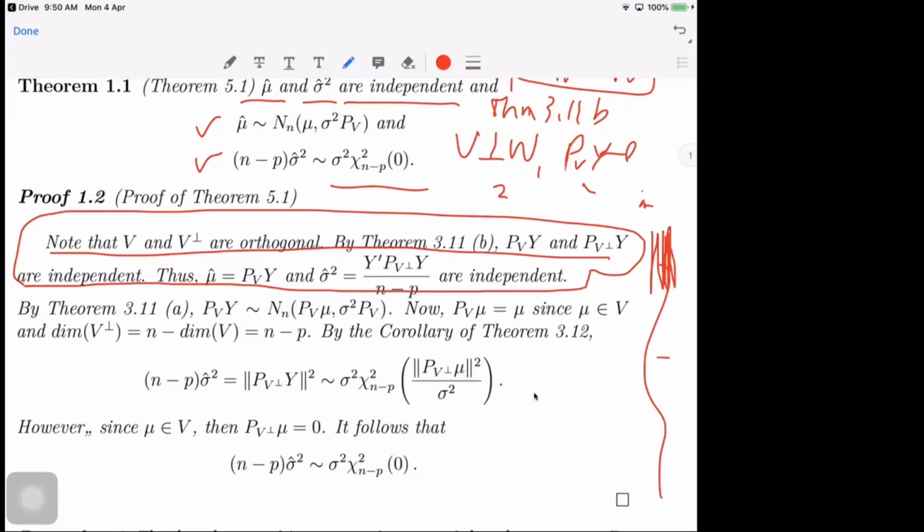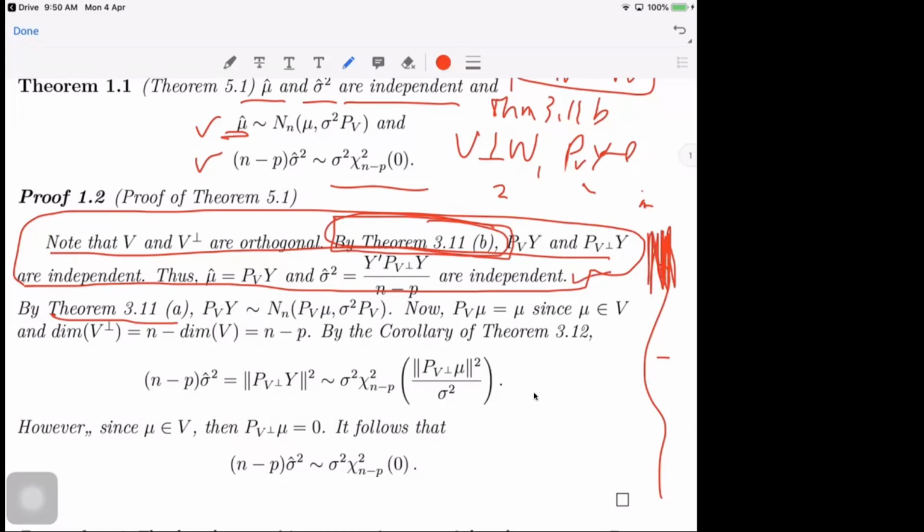Okay, next. Let's look at the distribution of mu hat. Now, mu hat is a function of the projection of y onto v, and we have a previous result. So if you use a previous result, for example, show that mu hat and sigma hat squared are independent, you have to show first theorem 3.11b in your proof before you conclude this.